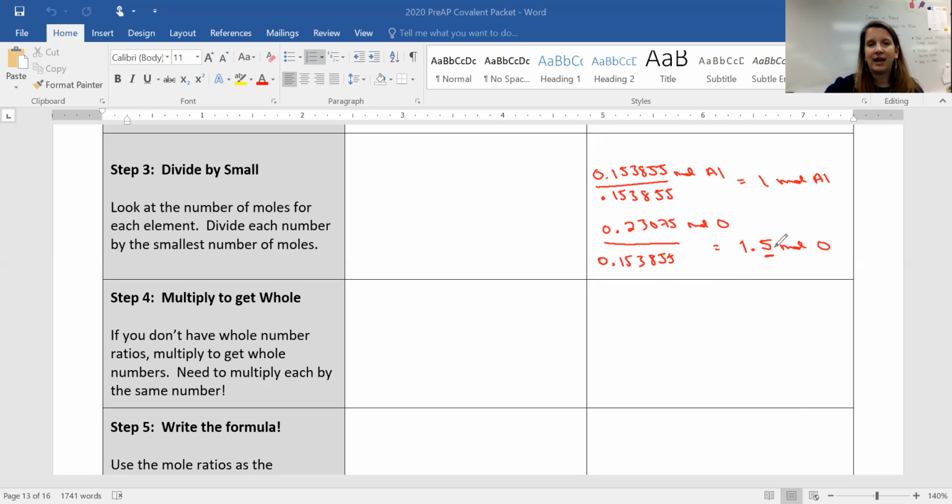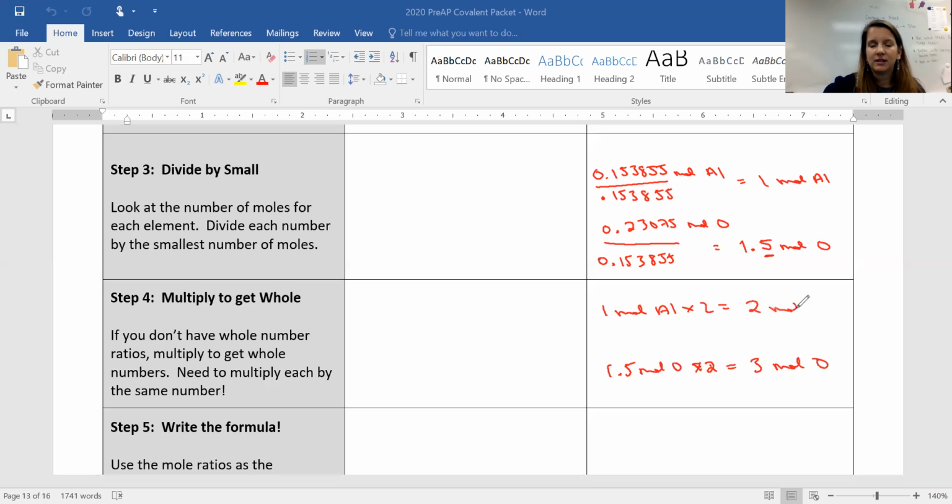If I have 1.5, I'm going to have to multiply this by 2 in order to get rid of that. But you can't just multiply the 1.5 by 2 to get 3 moles of oxygen. You have to multiply both things in order to get that correct ratio of aluminum to oxygen.